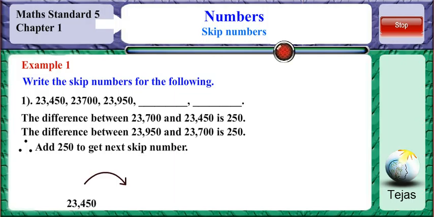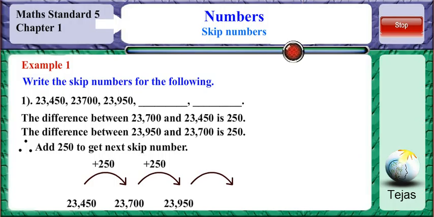So, from 23,450, add 250 to it and you go to 23,700. Add another 250 to it and you go to 23,950. Add another 250 to it and you go to 24,200.